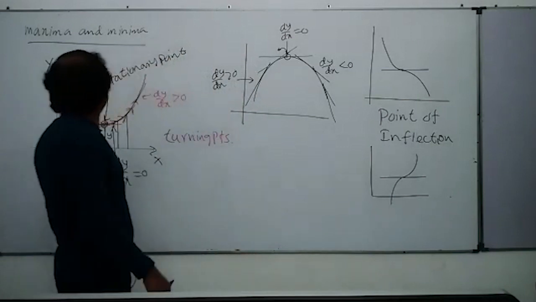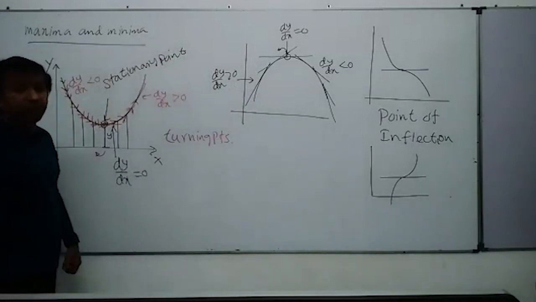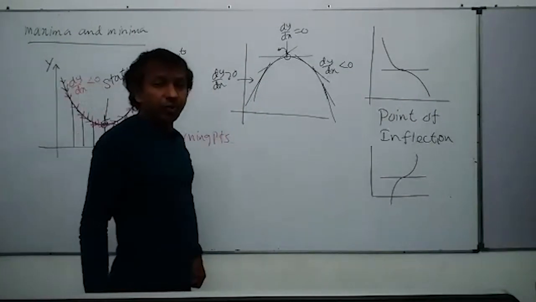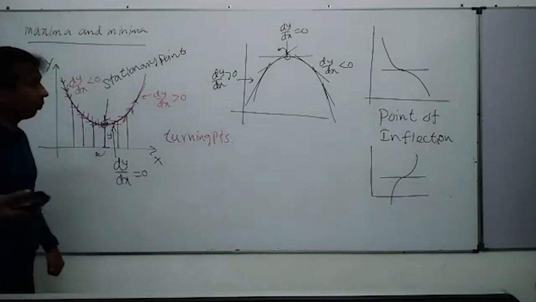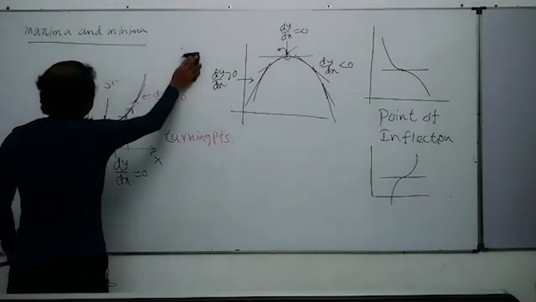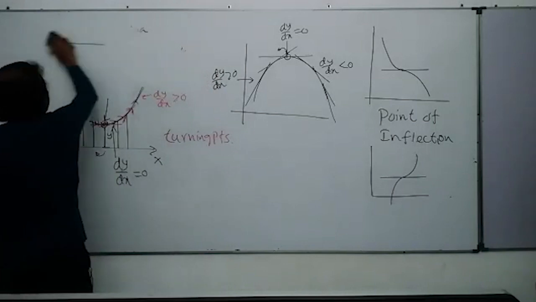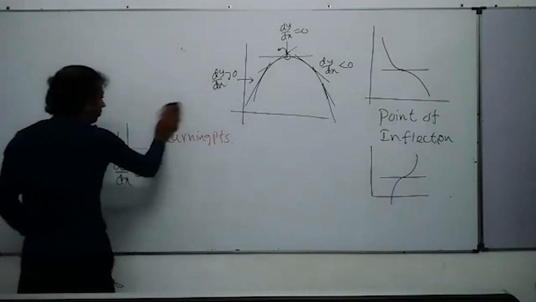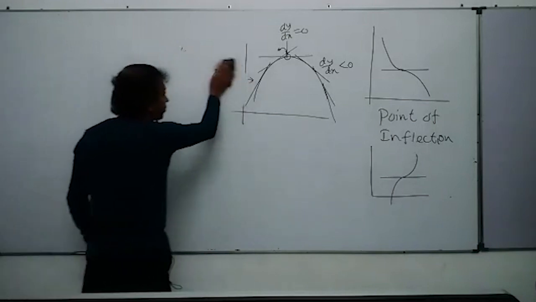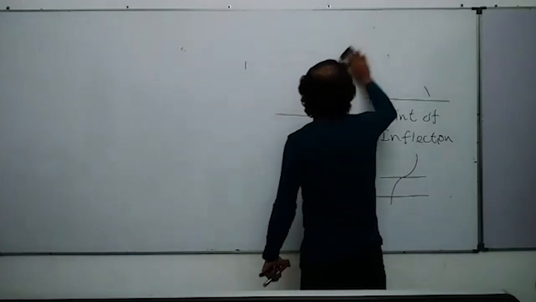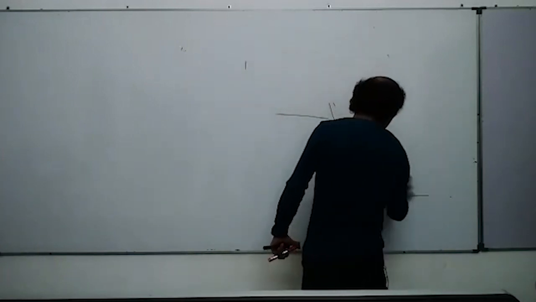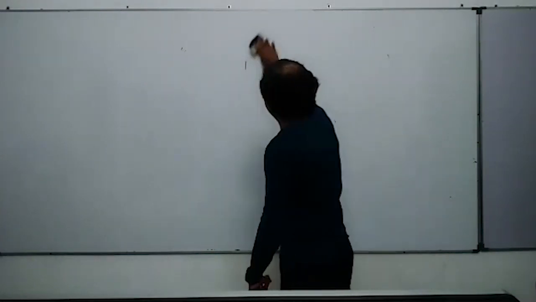Then, people, under this maxima and minima, we'll write another subheading: stationary point, within bracket, turning point. Write down stationary point, in bracket, turning point.